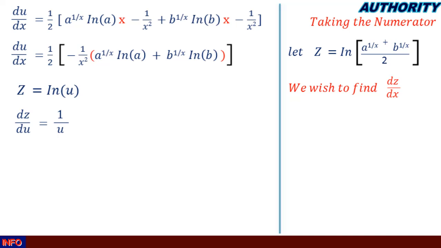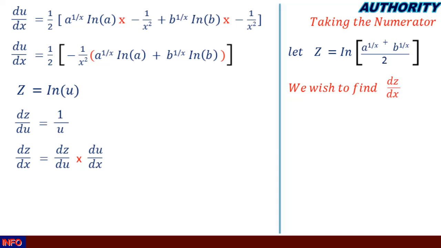The derivative of z, which is our numerator, is going to give us these two derivatives that we just obtained: the derivative of z with respect to u multiplied by the derivative of u with respect to x. We say that dz/dx is equal to dz/du multiplied by du/dx.